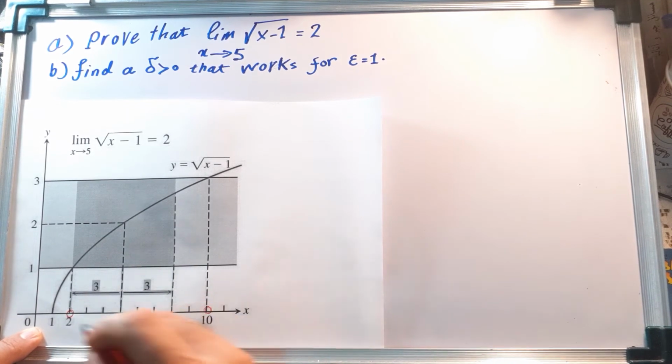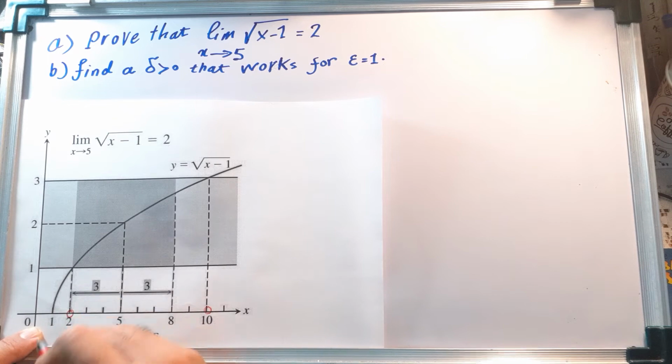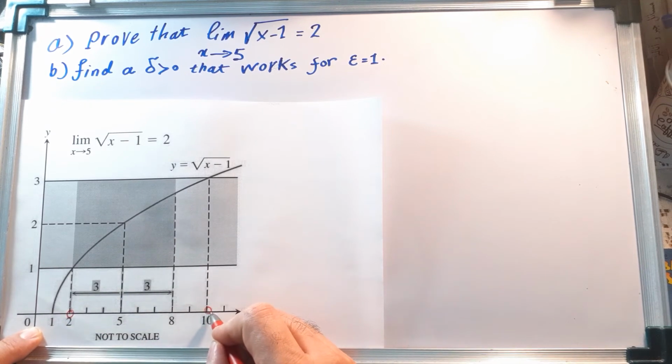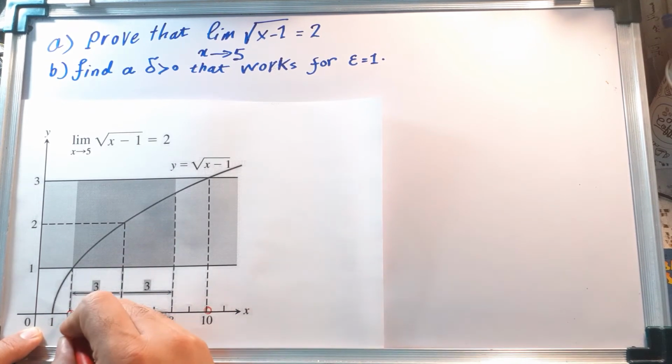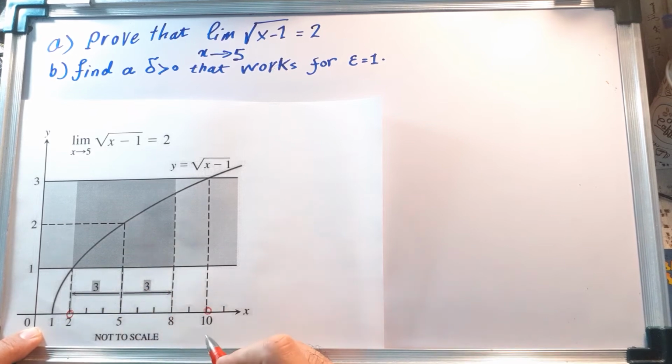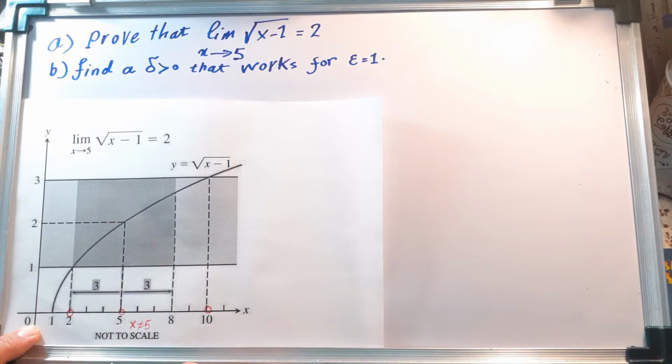And because of this, I put hollow points here, and it holds for all x except possibly at 5 in this interval as well.